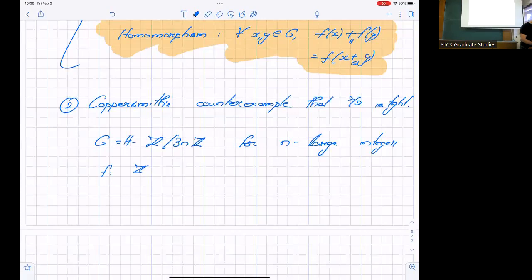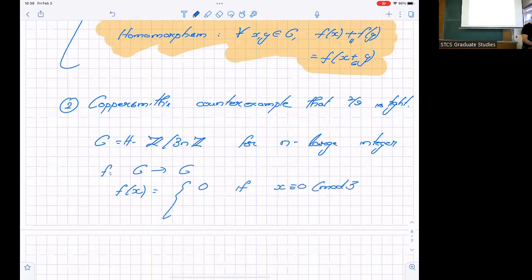Let's define this function from G to G as follows. F of x is 0 if x is congruent to 0 mod 3.